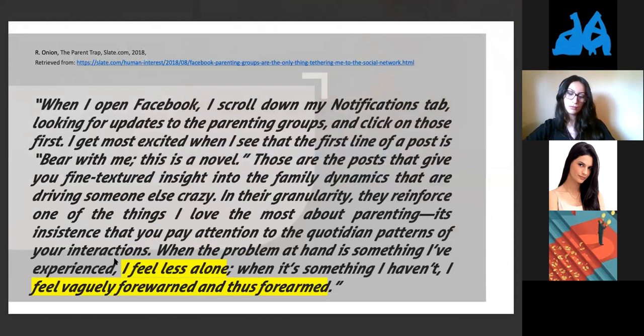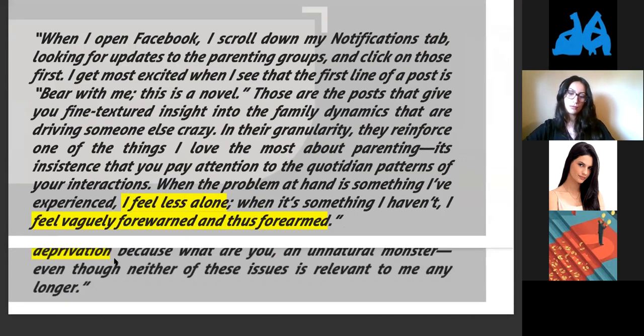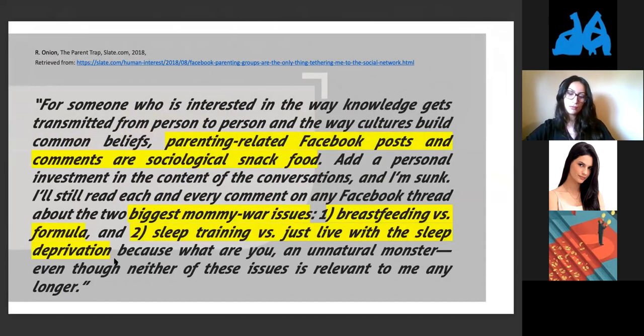As you can see from this longer quote, what I would like to emphasize is her confession that she feels less alone when she goes on those groups and reads the experiences of other mothers, and feels forewarned about things that might happen to her in the future stages of development of her child. I relate very much with this approach she has.